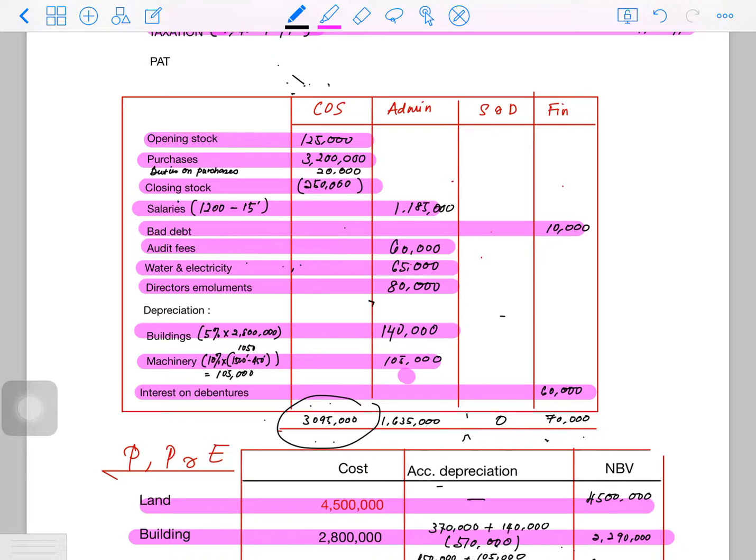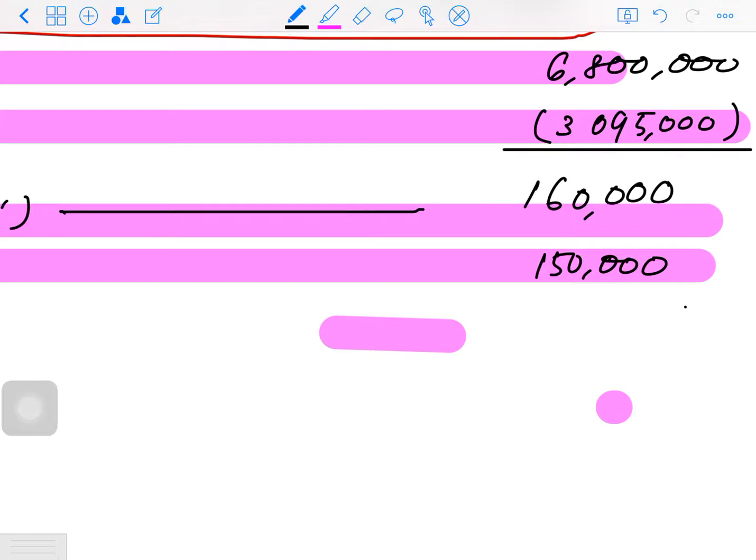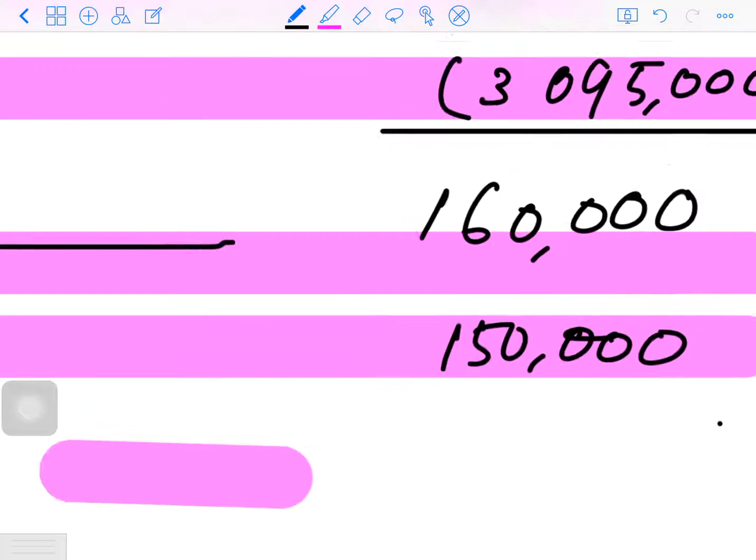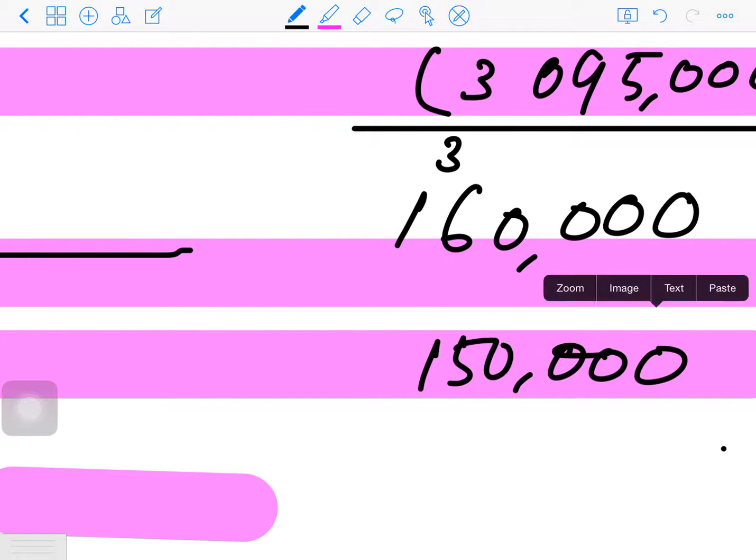First, 3095 is your cost of sales. Deduct cost of sales, so you get gross profit. Minus 6837, 3705.